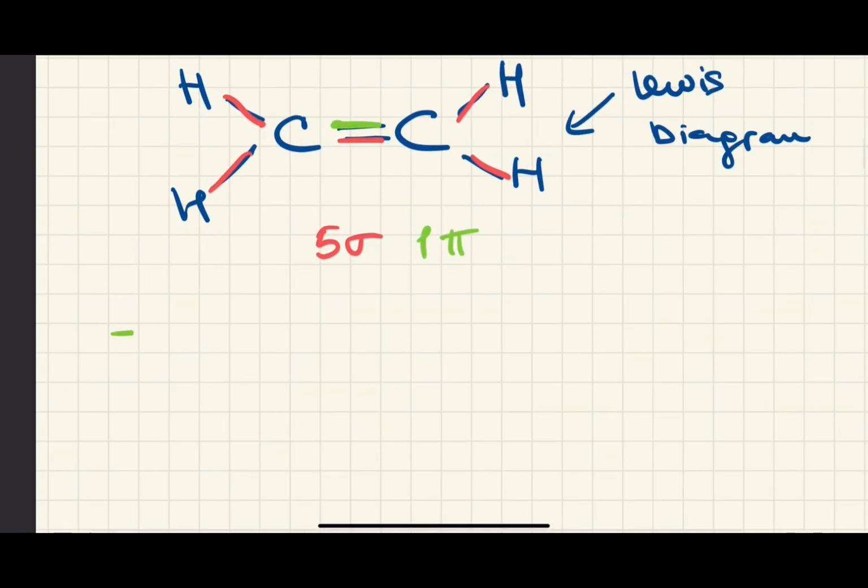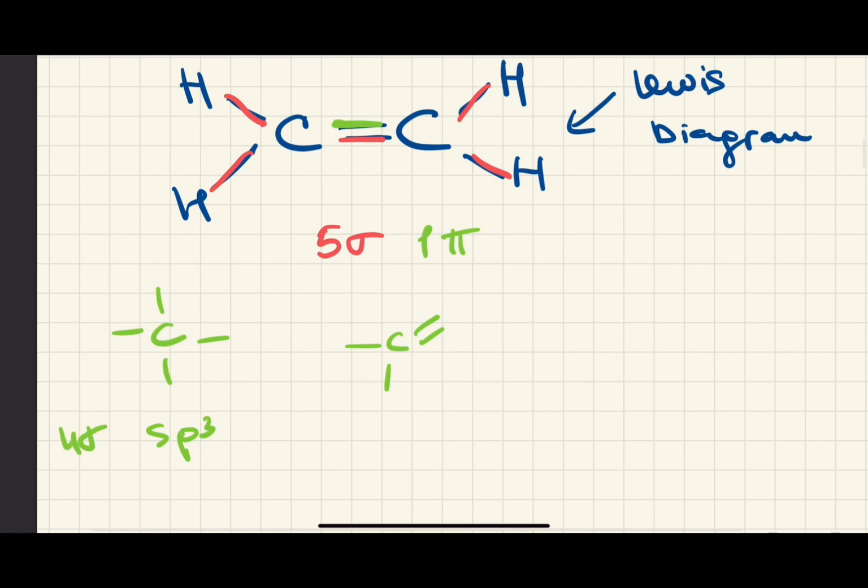When we have a carbon with 4 sigma bonds, it is sp3. When I have a carbon with 3 sigma bonds on it, it will be sp2. And when I have a carbon with 2 sigma bonds, it would be sp hybridization.